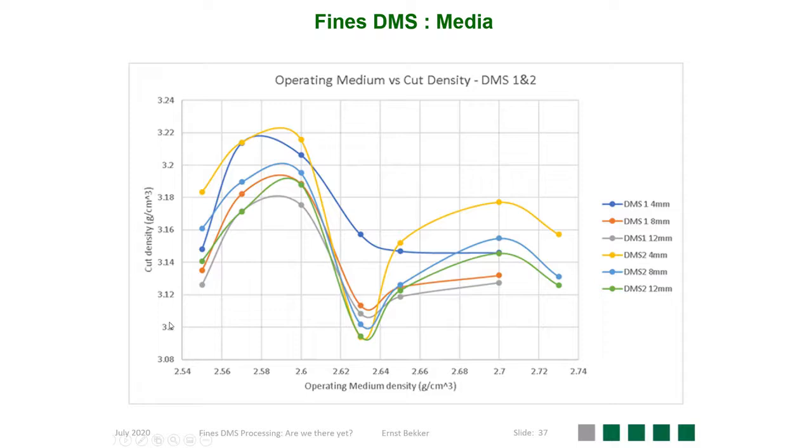But if you reduce the operating density further, the cut density increases again. And that is because of the stability of the media. So there seems to be a limitation of how low we can go with cut densities on fine dense media separation.